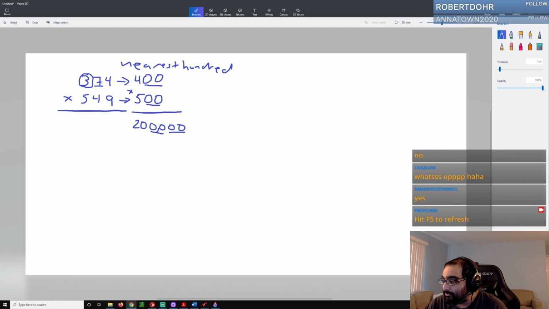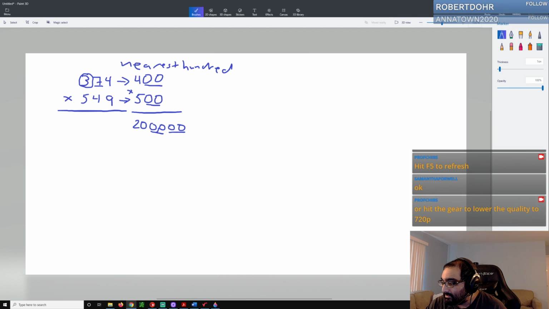So hit F5 to refresh. Or hit the gear to lower the quality to 720. I'm trying to run at 1080p so you can see things more clearly.